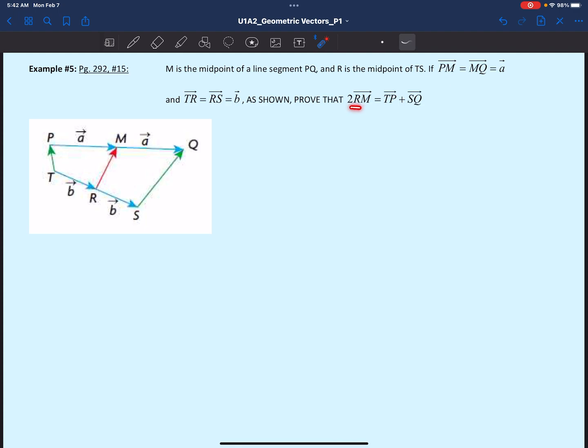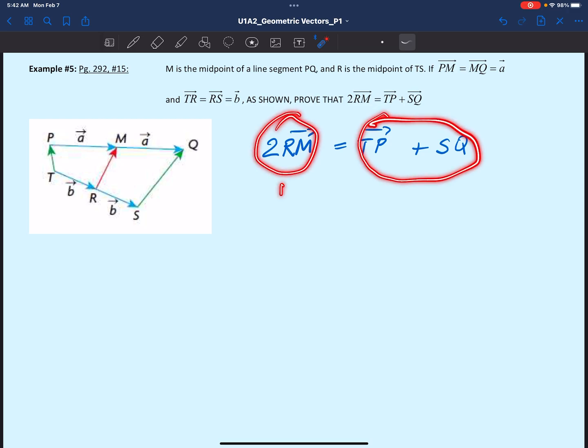Now we have to prove that 2RM equals TP plus SQ. Again, I will write the statement first. And then I will try to transform either each side or one side of the statement and make it look like the other.